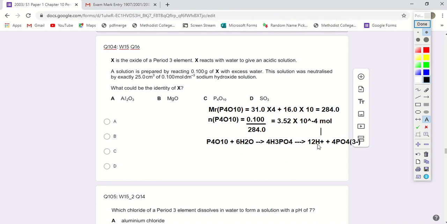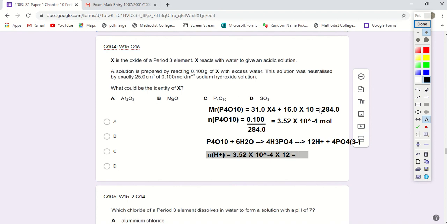Oh, sorry, before I do the same thing for sulfur trioxide, let's find the number of moles of H plus ions if this is the number of moles of phosphorus oxide. So 3.52 multiplied by 10 to the power of -4, multiplied by 12.